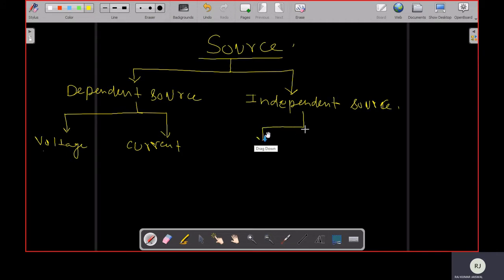You could say independent source is also classified into two types: voltage and current source. Okay guys, one by one we'll see the definition.